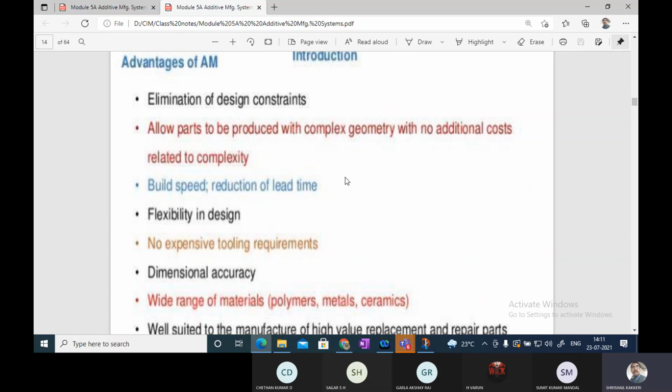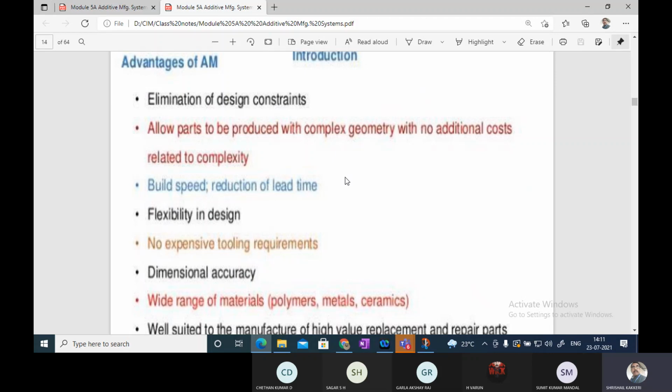If you make small changes, again the programmer has to change the entire structure of the program. But in this case, if any design changes are there, the existing design which is available as a CAD model can be edited and we can again interface it with the 3D printing machine. And it is not such an expensive tool as compared to the CNC machine.